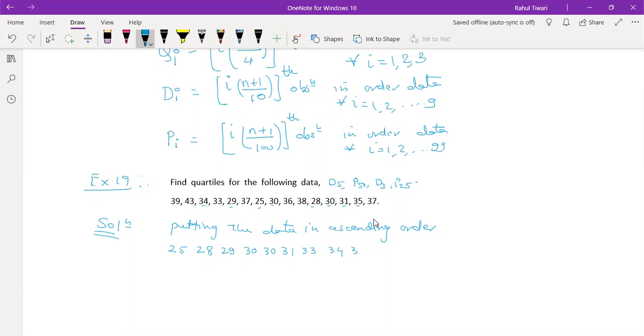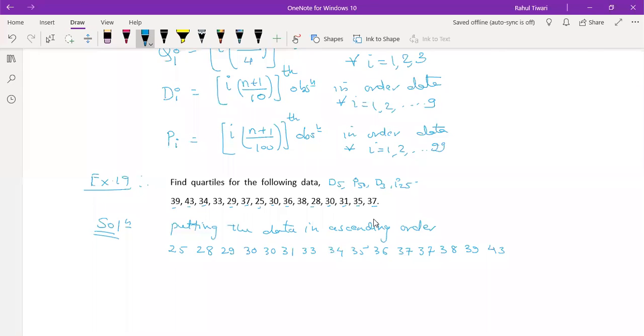Then 36. Then 37, which will be there 2 times. And then finally 38, then 39, and finally we have 43.